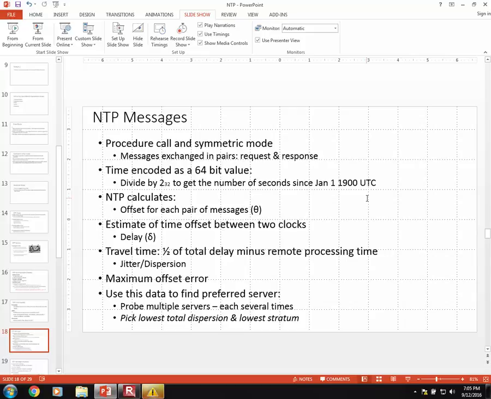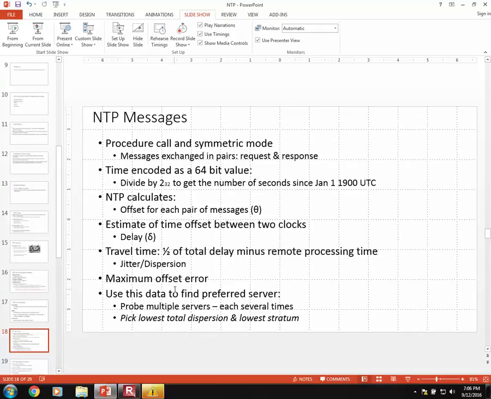Time is encoded as a 64-bit value, and then NTP calculates an offset for each pair of messages. There is an estimate of time offset between the two clocks, and there's also the travel time, which is half of the total delay minus remote processing time. This is what we also refer to as jitter or dispersion.